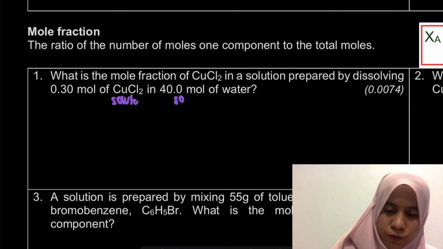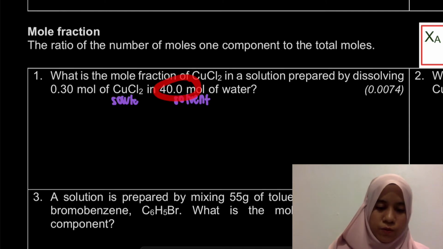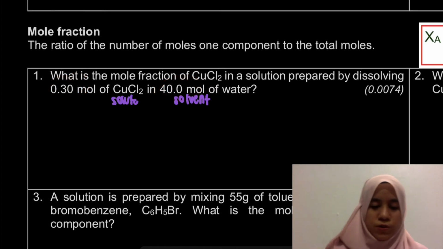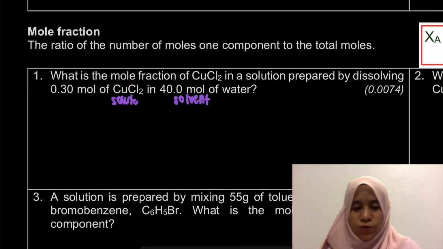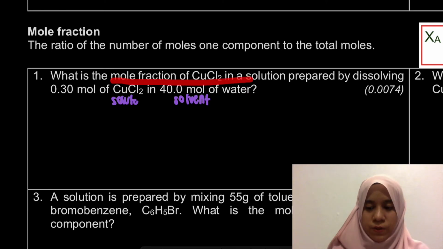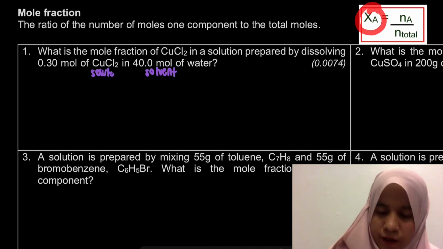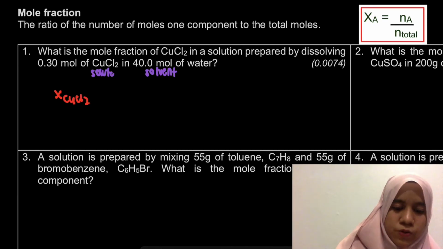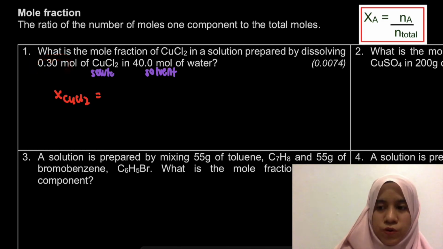They have given us the moles straight away, for solute and solvent, or you can write CuCl2 and H2O directly. This question asks you to find the mole fraction of CuCl2, so we want X of copper chloride, equal to the number of mole of copper chloride, which is 0.3 mole.